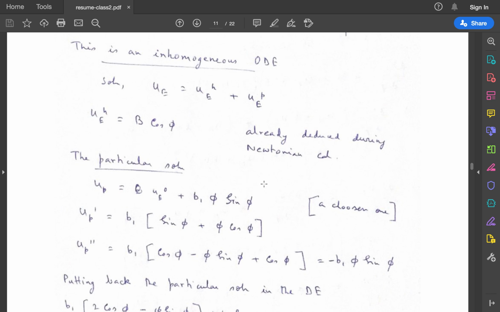You remember that a particular solution can always be chosen, it is very hard to derive. We can choose a function and then try putting it back into the equation and check.